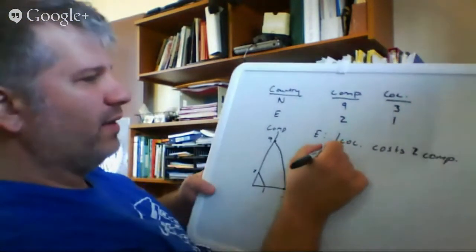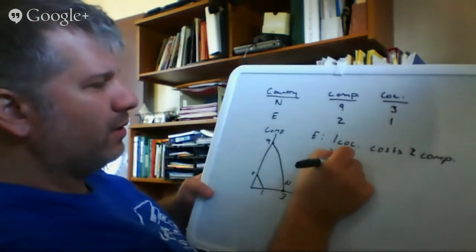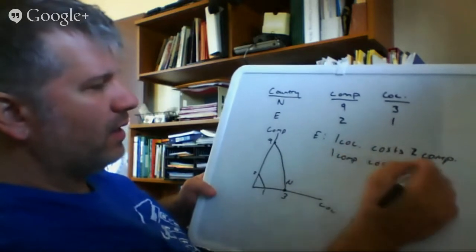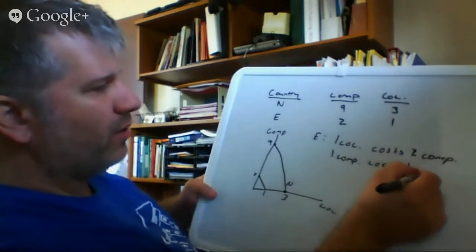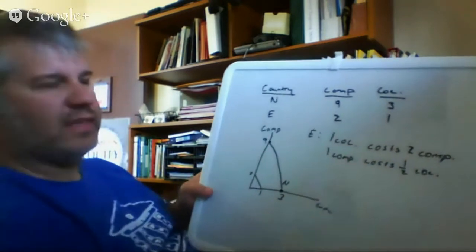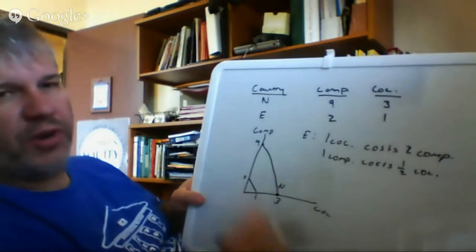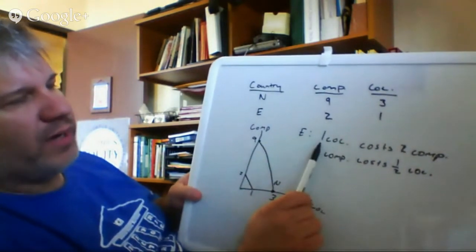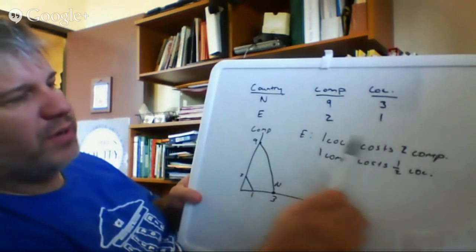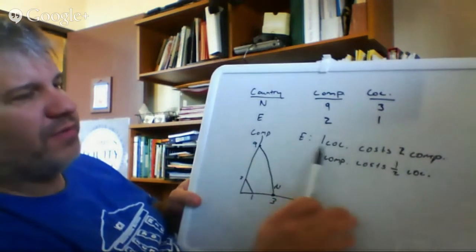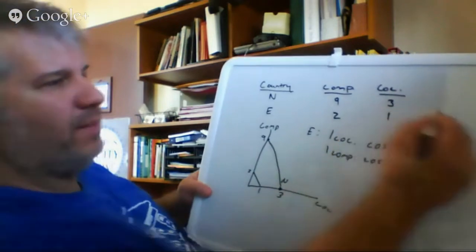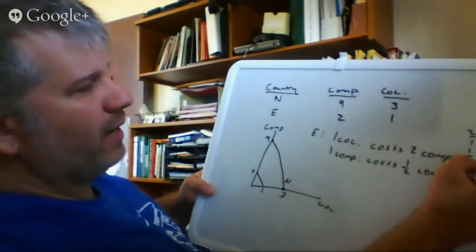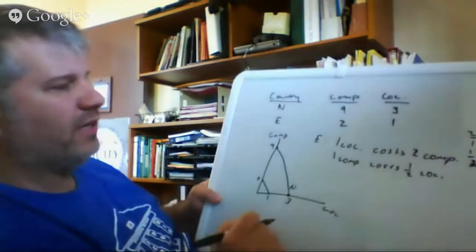The other side of the coin is if you want 1 computer, then the cost of 1 computer is going to have to be half of a coconut. Hopefully that's self-evident, and you've watched the other video where I show how to solve these problems. If 1 coconut is 2 computers, then 1 computer should be half of a coconut. They're also reciprocals. If you have 2 over 1 here, then the opposite is 1 over 2, and reciprocal is just flipping the numerator and denominator.